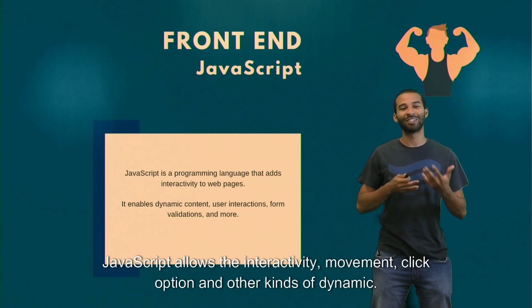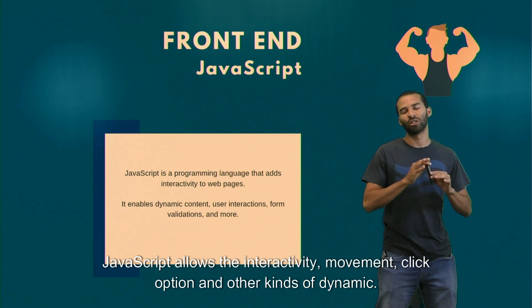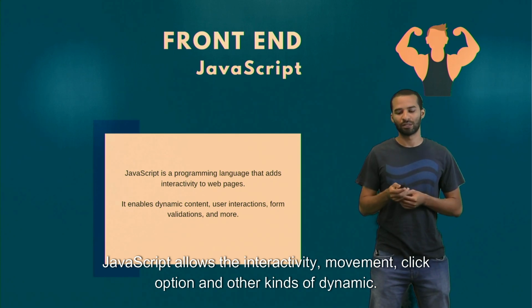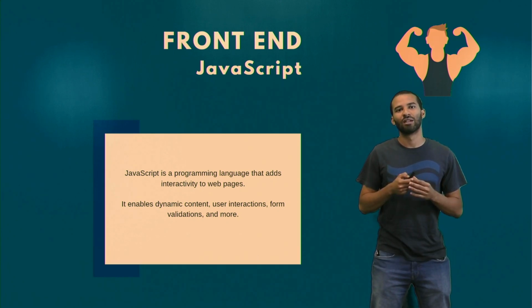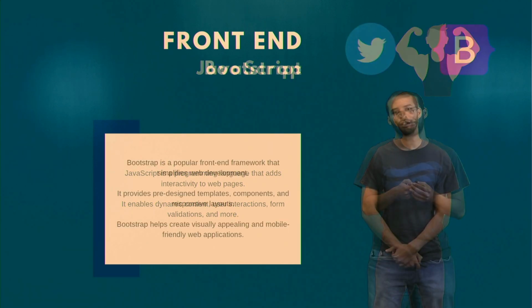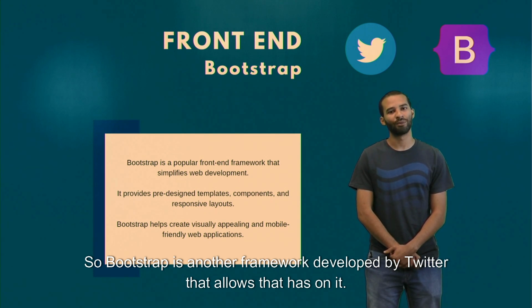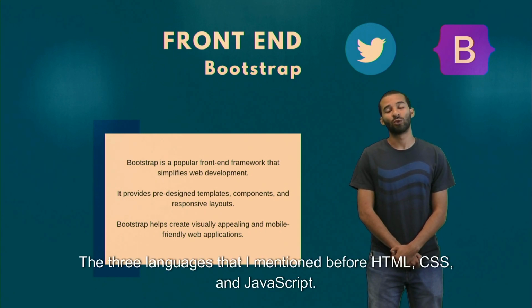JavaScript allows the interactivity, movement, a click option, and other kinds of dynamic content to your web application. So Bootstrap is another framework developed by Twitter that has on it the three languages that I mentioned before: HTML, CSS, and JavaScript.